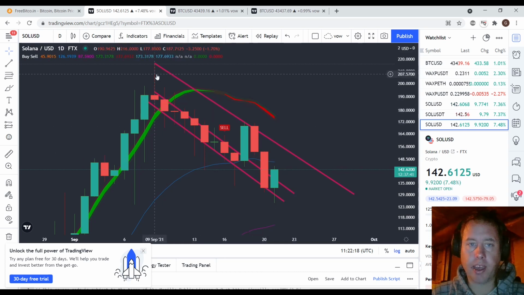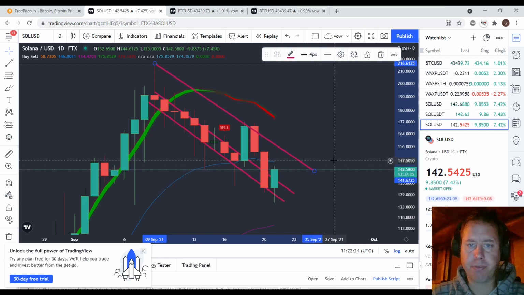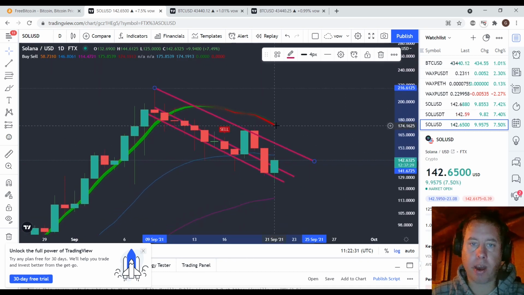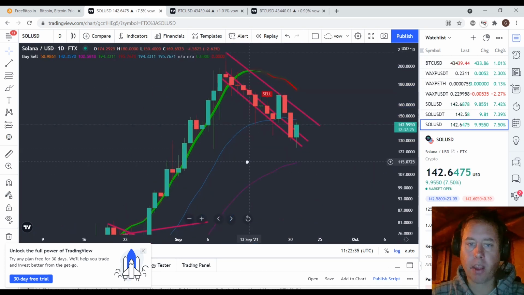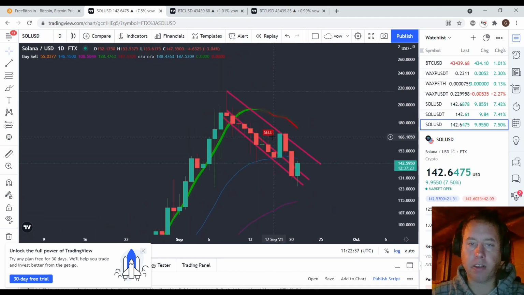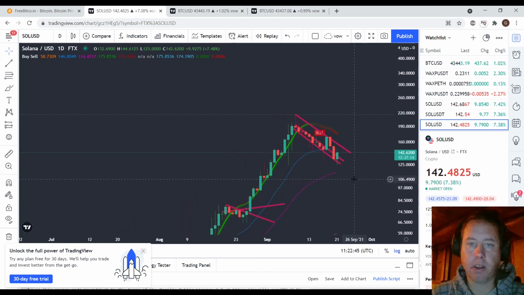This bull flag here might still be in play, but now I would say that we need to break out from this and then beat the prior swing high here, and then it's very possible that Solana will see further price action to the upside.